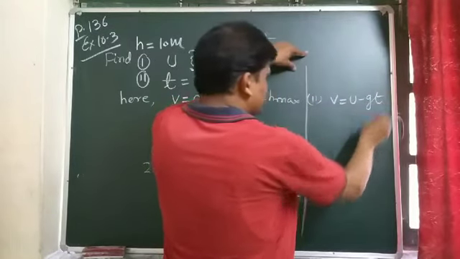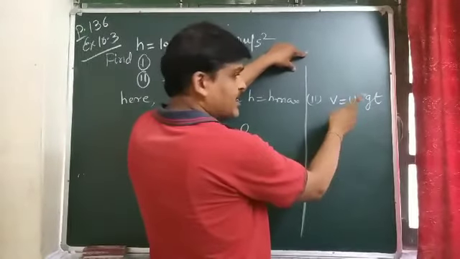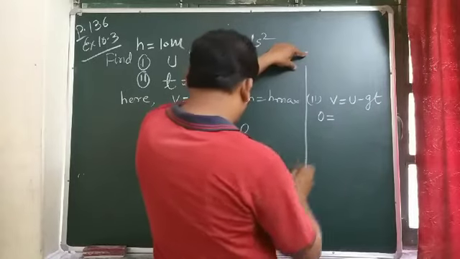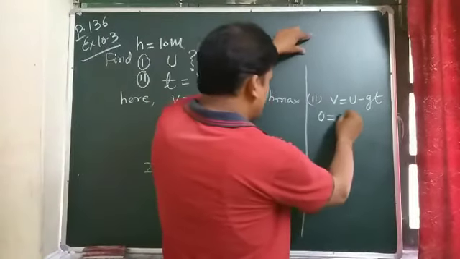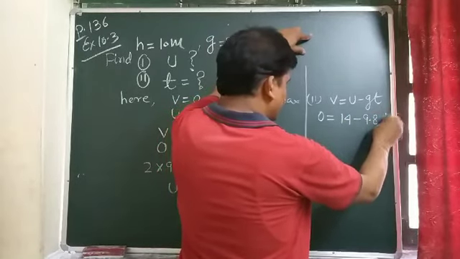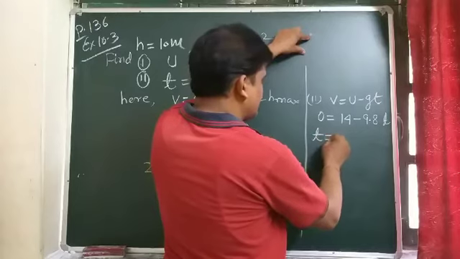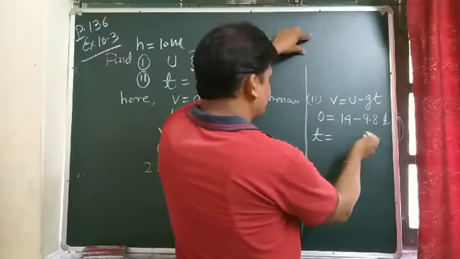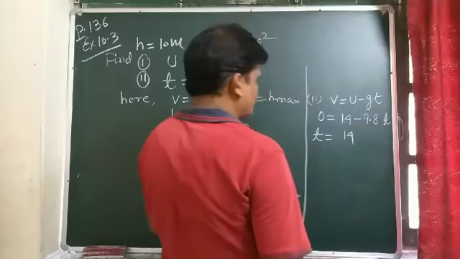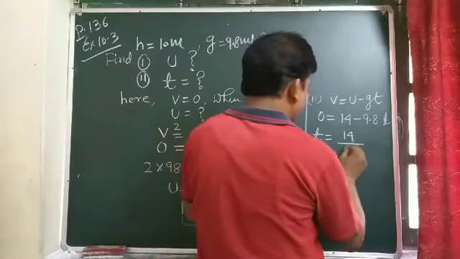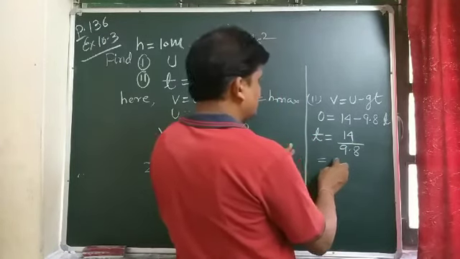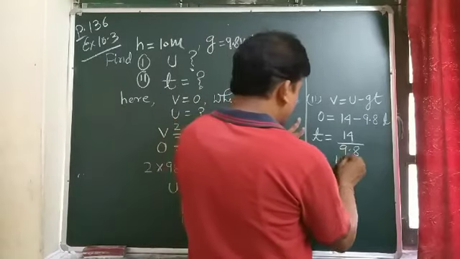At maximum height, v is 0, u we have calculated as 14, and g is 9.8. So t can be written as 14 divided by 9.8, which is 140 by 98.